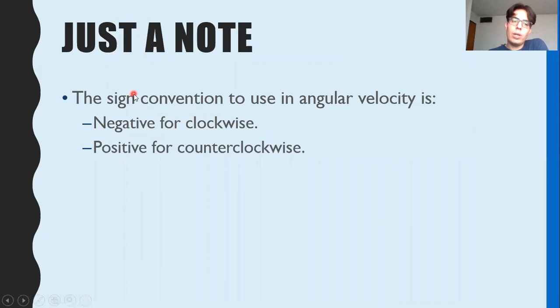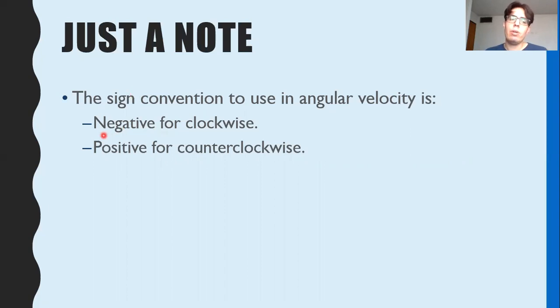Just a quick note: when we're talking about spinning and velocity specifically, if you remember, velocity is a vector quantity, so it has to have direction. Just as we used signs when we were talking about axes, like moving north or south, left, right, up, down, when we're talking about rotational motion it's the same.